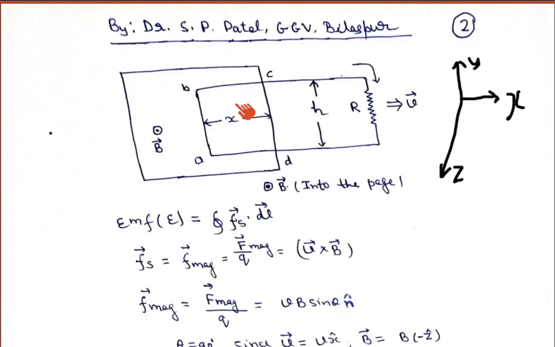So now I am introducing the concept of time, as I discussed in the introductory lecture on electrodynamics, the time varying phenomena. Yes, now the time varying phenomena has come.